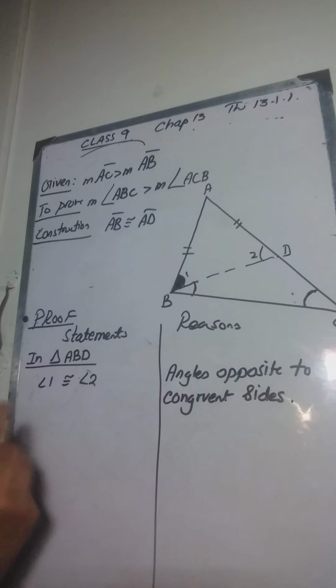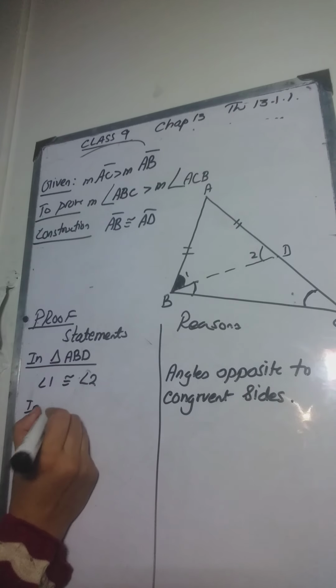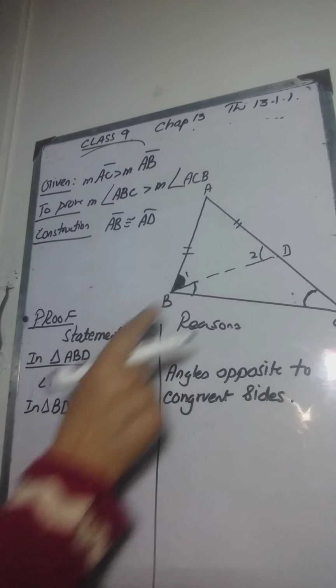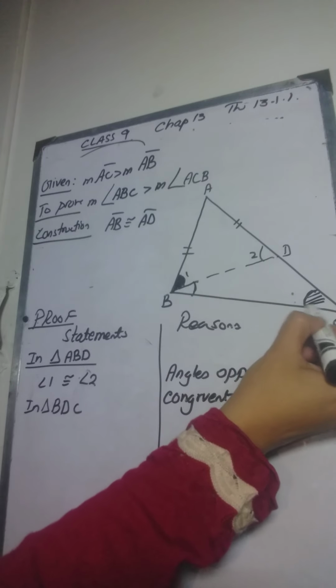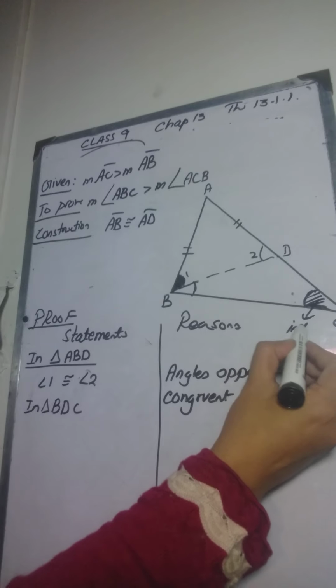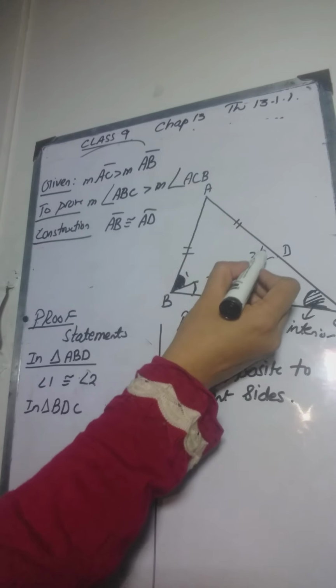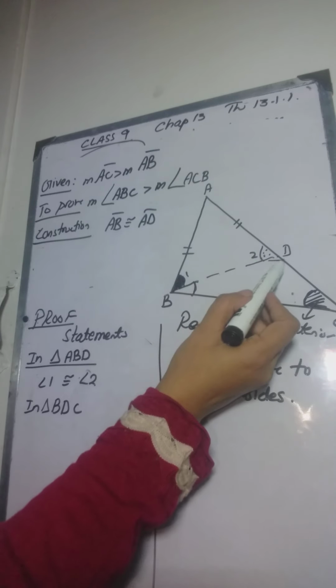Now consider triangle BDC. In this triangle, C is the interior angle. And if you look at angle 2, this is an exterior angle of this triangle because it is a supplement of this angle.